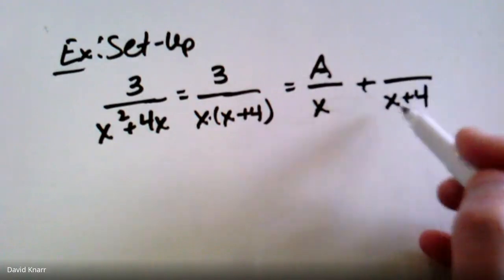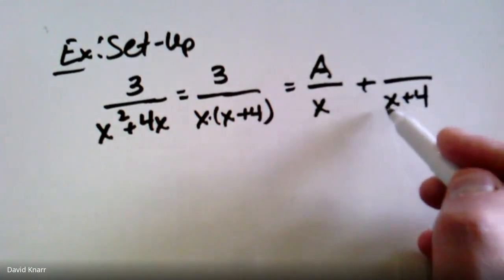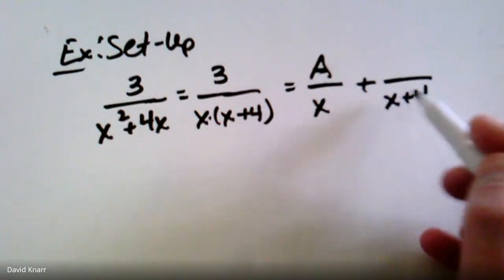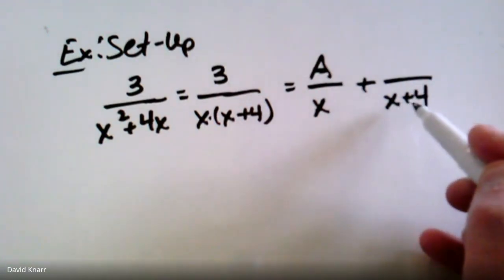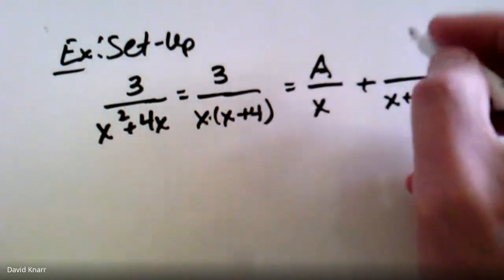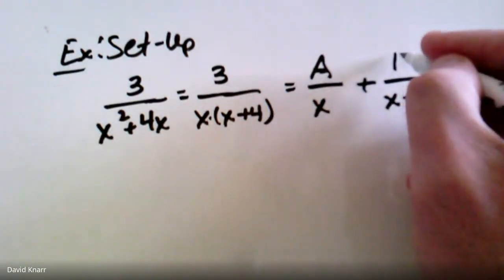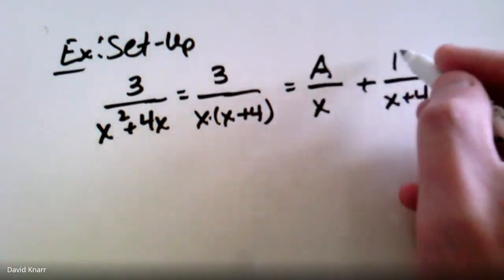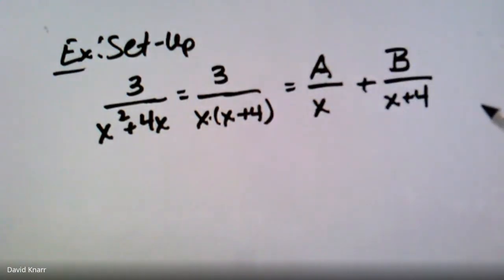Okay? This other fraction is also degree 1 in the denominator. It's an x plus 4 as its factor. So for it to be proper, the only thing that can go up here is a number. But it doesn't have to be the same number as this one. So I'm going to call it b. Okay?